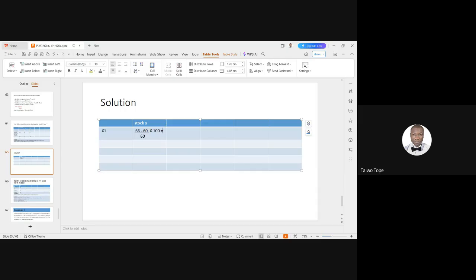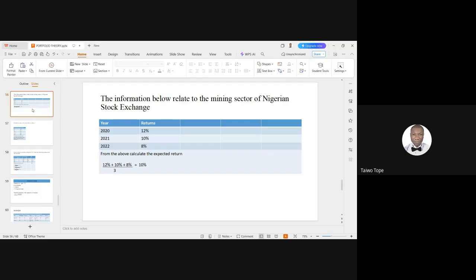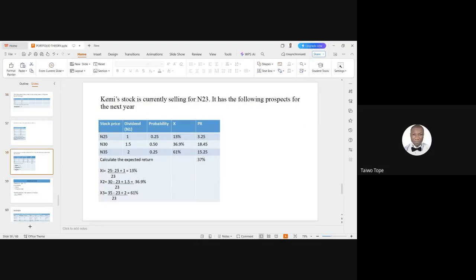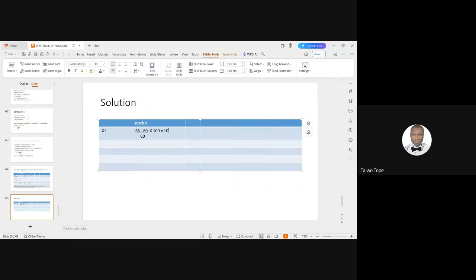You might not understand what we're doing at this point because we've shown this step before. So we have it as 10%.